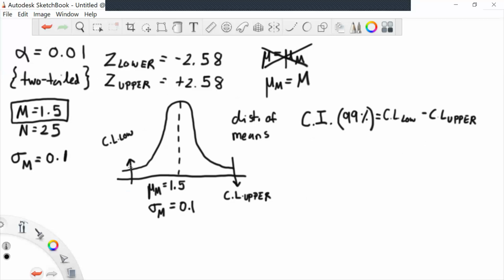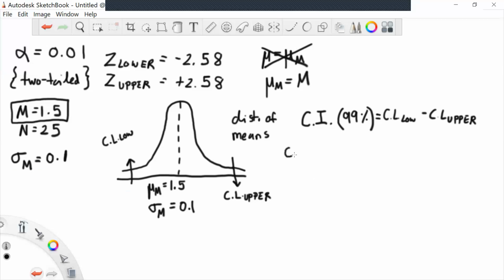So how do we find the confidence limit, lower and upper? Well, the answer is we're going to be relying on the fact that we know the z-scores that correspond to this. So this should look similar to the two-tailed test where we have an upper and a lower z-score.